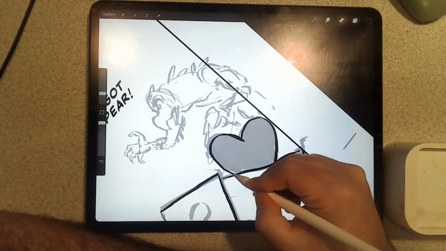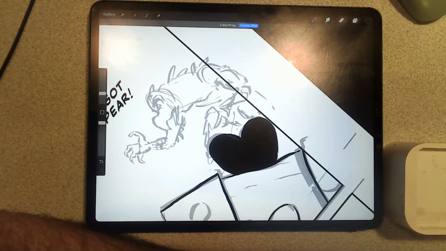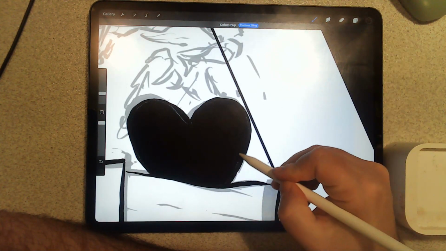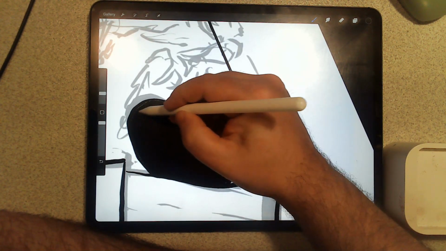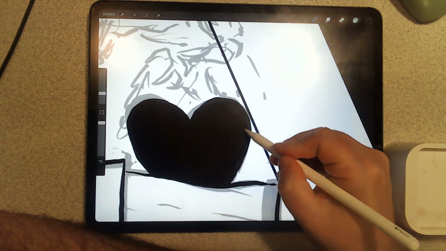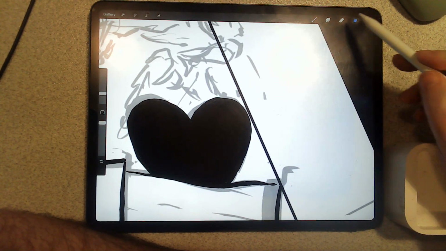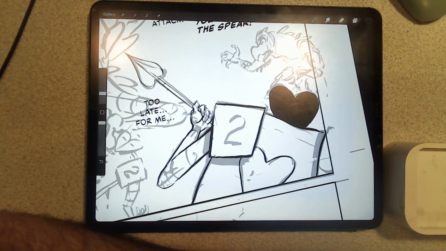I can't do that on the head. The back of the heads I've established as black. There it is. I better be on the right layer. I am. Okay.